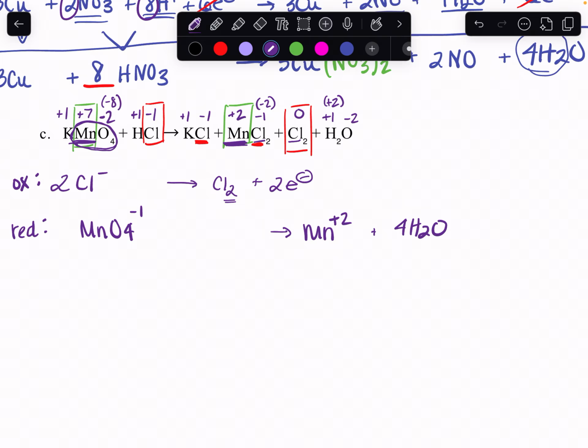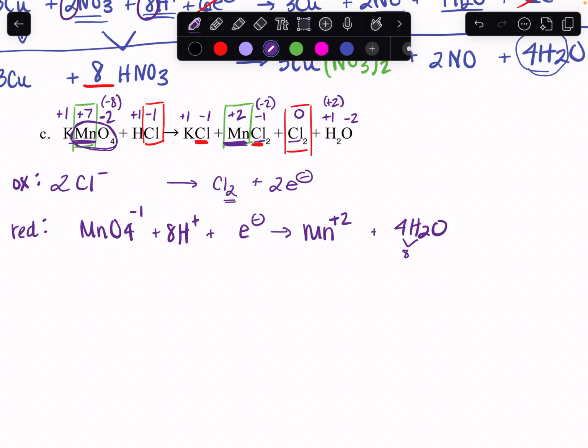Because I added 4 water, and now the oxygens are balanced, it also means I have hydrogens that I have to deal with. So I can balance the 8 hydrogens, right? 8 on the product side, by simply putting 8 on the reactant side. But here's the thing. If I put this large positive charge on the reactant side, I have to also add electrons.